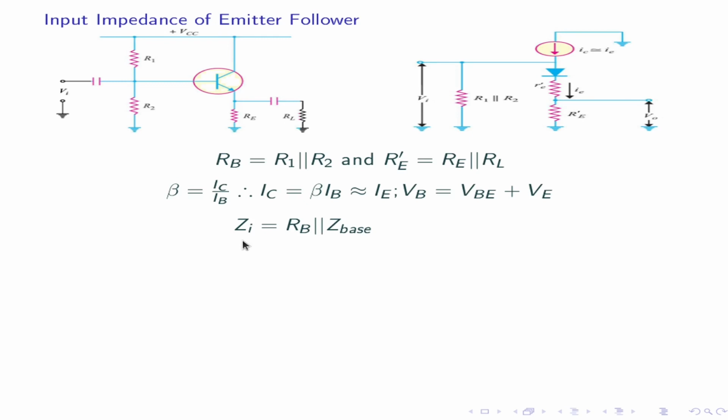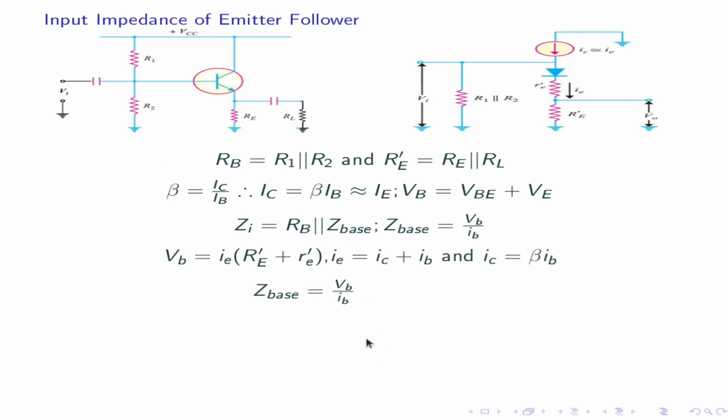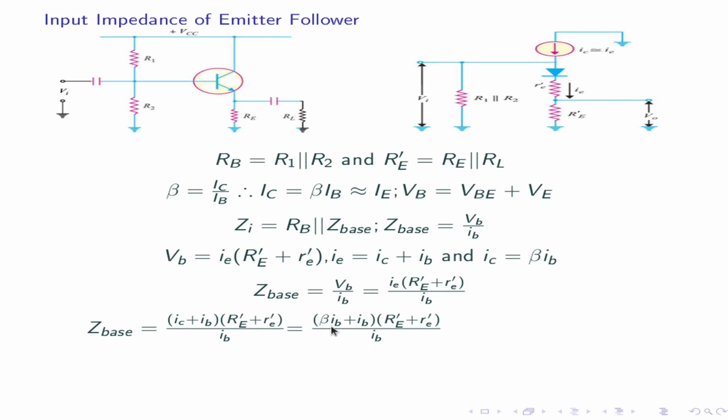ZI, the input impedance, is RB parallel base impedance, or RB parallel Z base. Z base is equal to VB by IB, that's equal to IE into RE prime plus RE prime by IB, that's equal to IC plus IB into RE prime plus RE prime by IB. IC is beta IB, that's beta IB plus IB into RE prime plus RE prime.